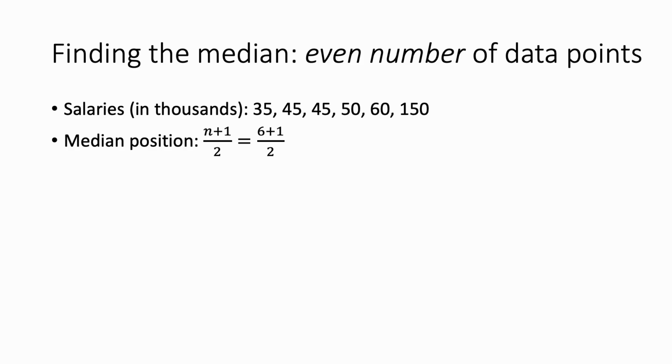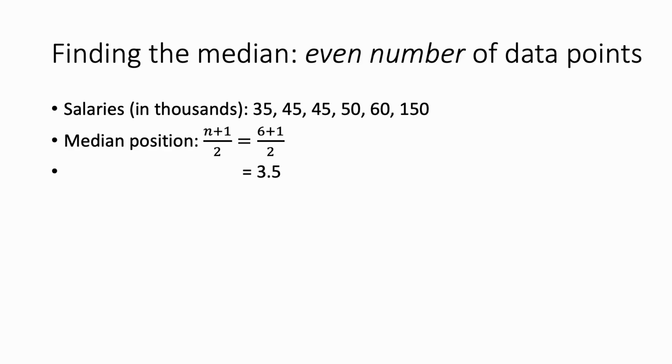We substitute n equals 6. And the median position turns out to be 3.5. But what is the 3.5th position? Well, we can find the 3rd position and we can find the next higher position, which is the 4th position. But there's no 3.5th position. So what can we do?